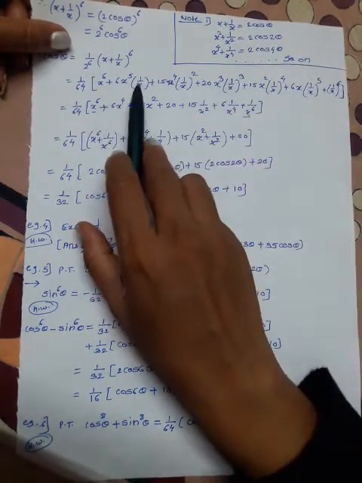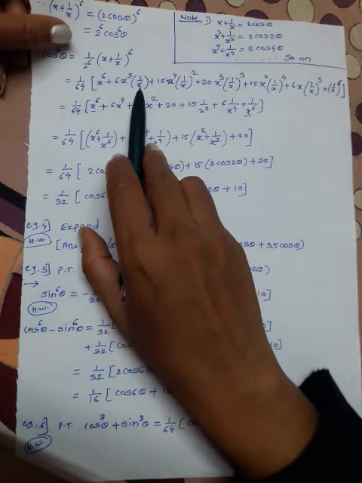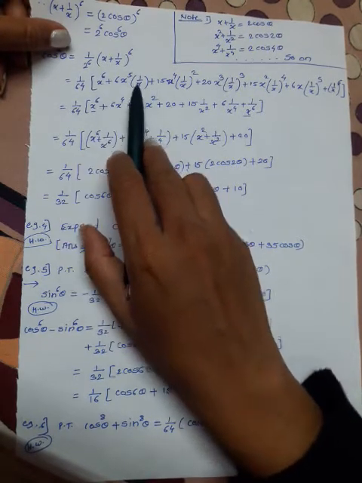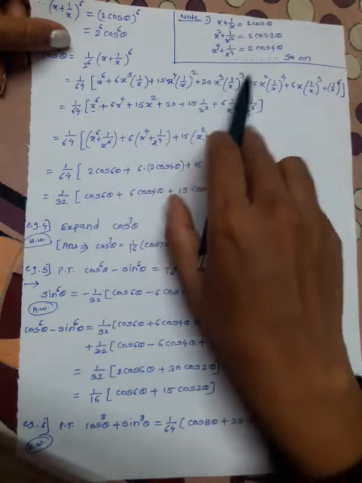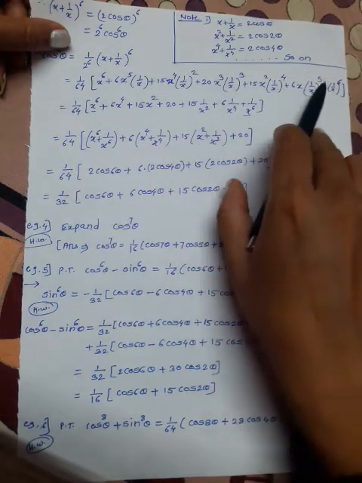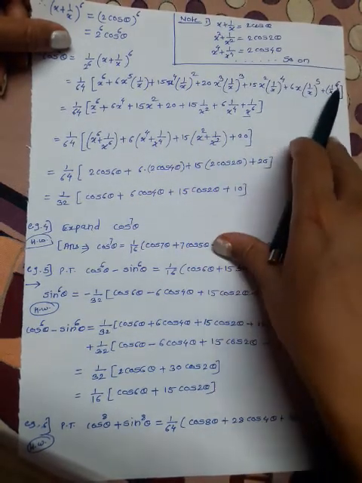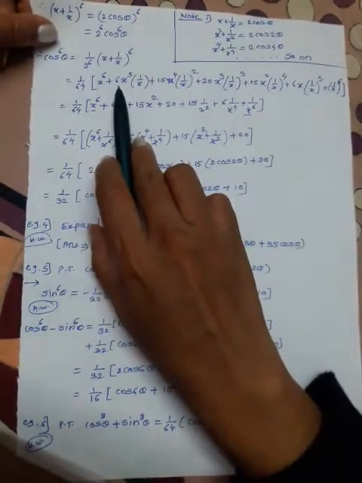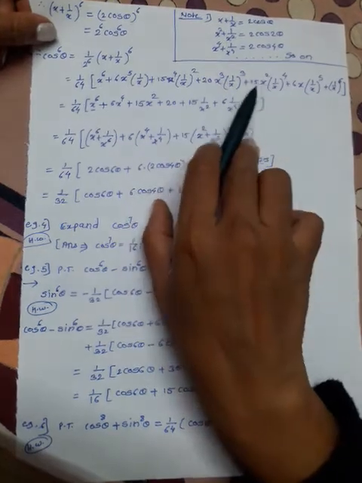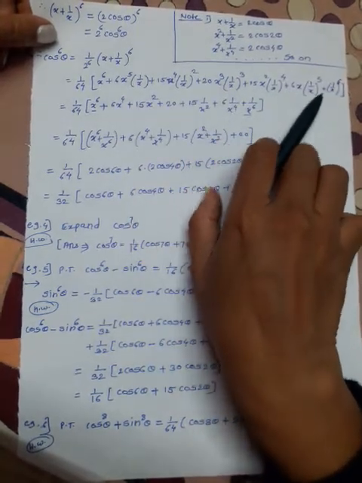Okay, and increase the power of 1 upon x, the second term, that is 0, 1 upon x raised to 1, 1 upon x square, 1 upon x cube, 1 upon x raised to 4, 1 upon x raised to 5, 1 upon x raised to 6. Okay, and what are the coefficients? 1, 6, 15, 20, 15, 6 and 1.